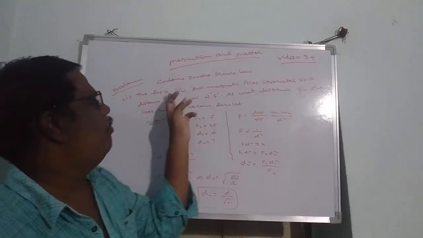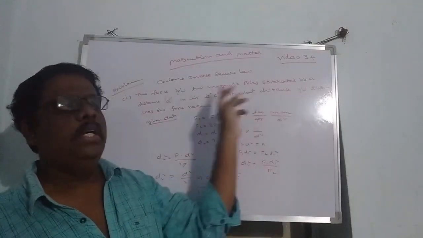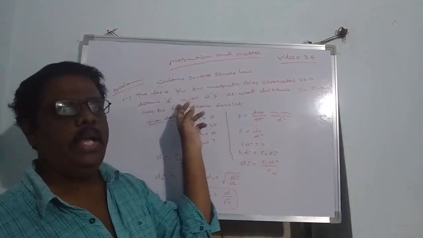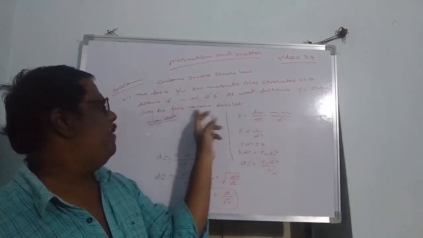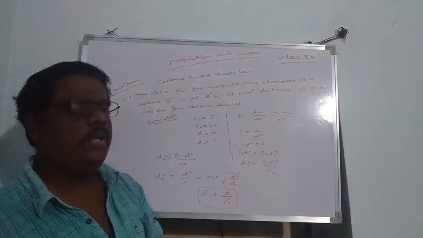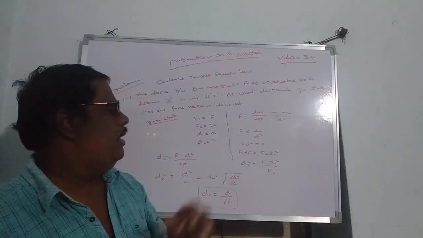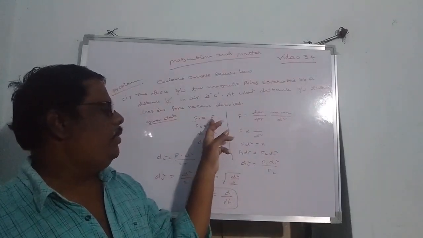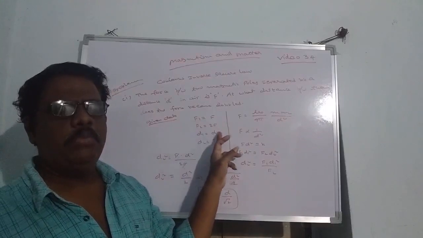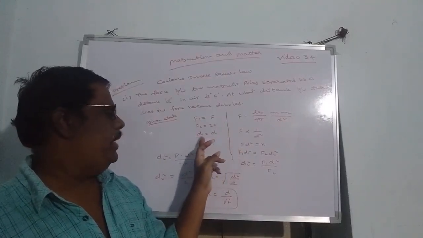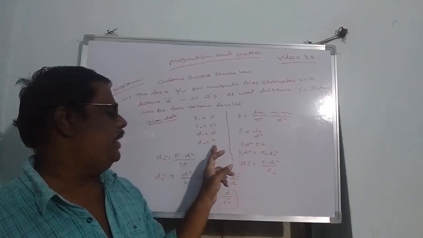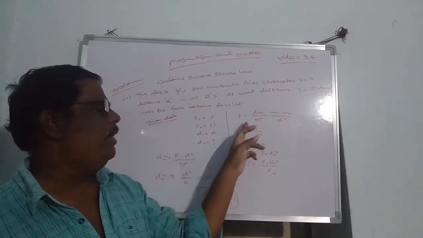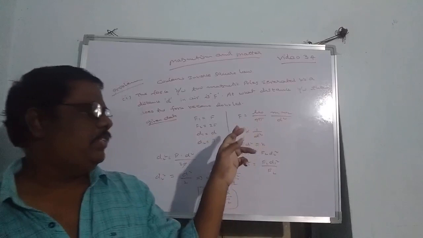Once again, force between two magnetic poles separated by a distance small d in air is F. At what distance between them does the force become doubled? Let us say initial force F1 is equal to F, final force becomes doubled to 2F, initial distance d1 is equal to d. So what is the final distance d2? We have to calculate from Coulomb's inverse square law.